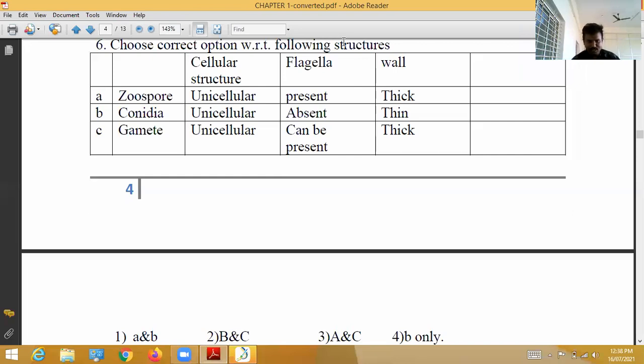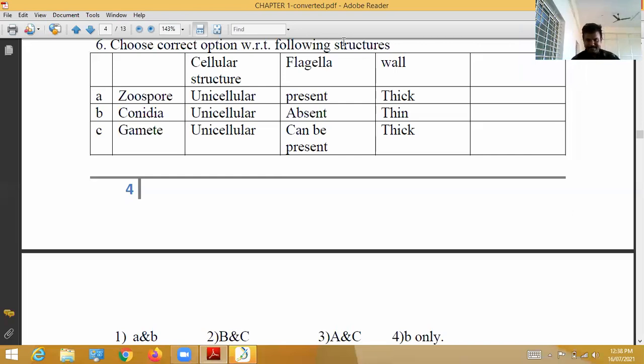Cellular structure: unicellular, unicellular. Flagella in zoospores present. In conidia, flagella absent. In gamete, flagella can be present. In zoospores, wall is thick. In conidia, wall is thin. In gamete, wall is thick. This is what is given.